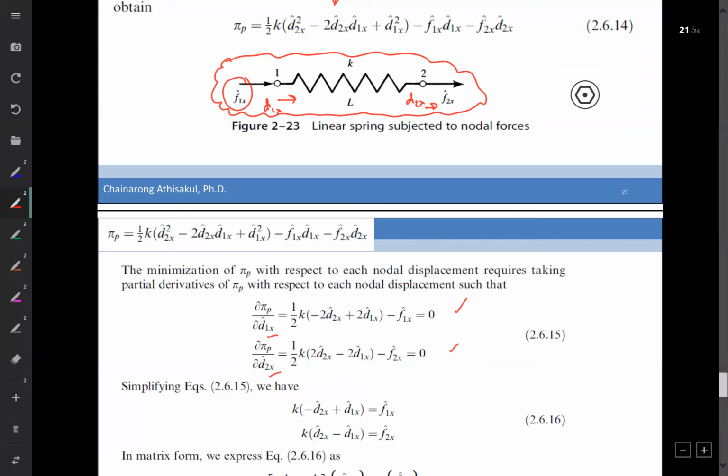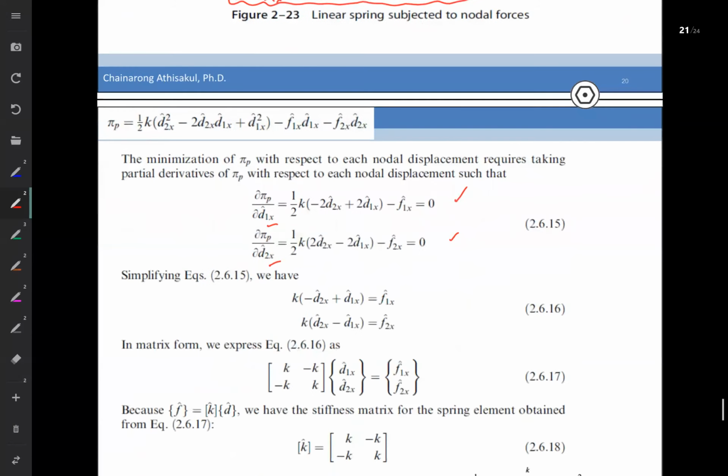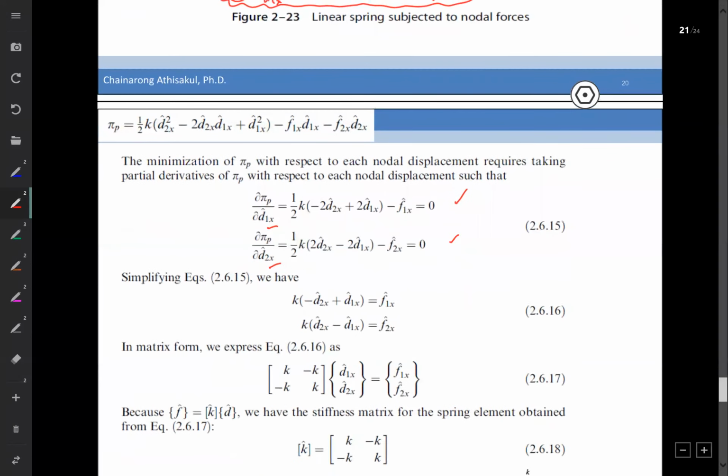we obtain this equation. After that, because it is the stationary position, the first derivative of pi with respect to the degree of freedom is equal to 0. So for that case, we have two equations, and we can rearrange them into this equation.